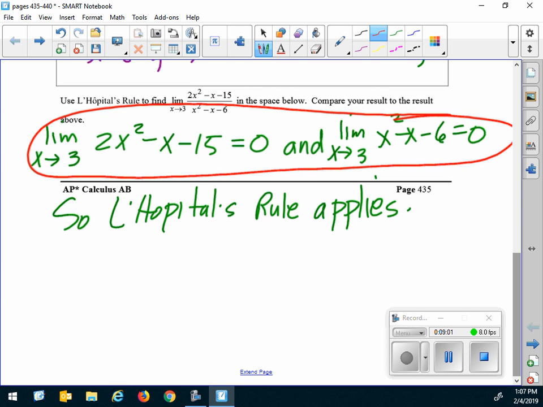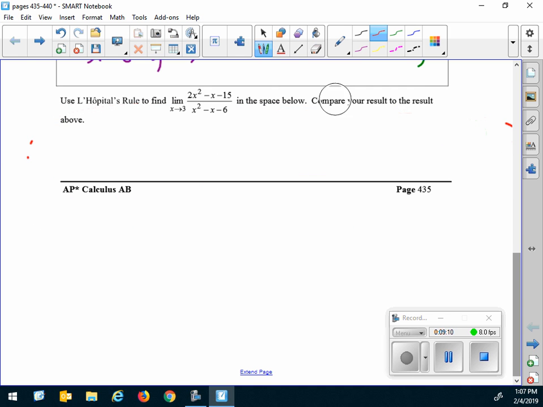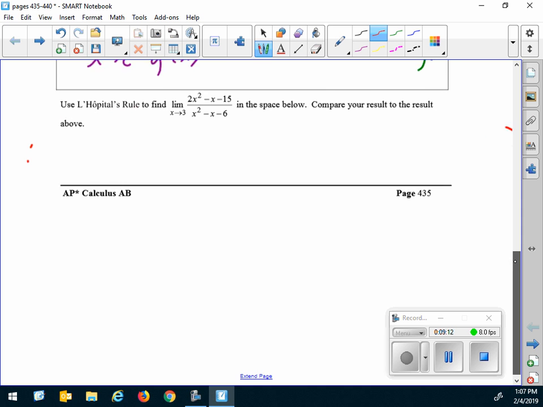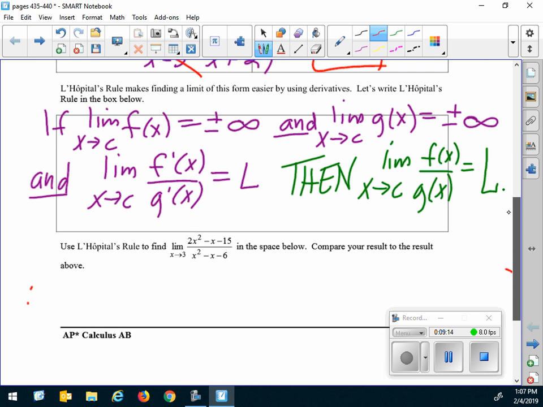Now, how do you use it? I'm going to erase this, and I hope the eraser works with me this time. If we go back to when we had 0 here and 0 here, on this particular problem, the limit of the numerator as x approaches 3 equals 0, and the limit of the denominator as x approaches 3 equals 0.